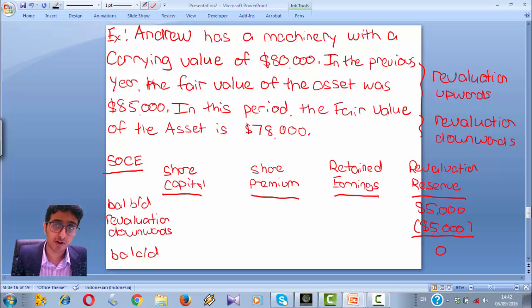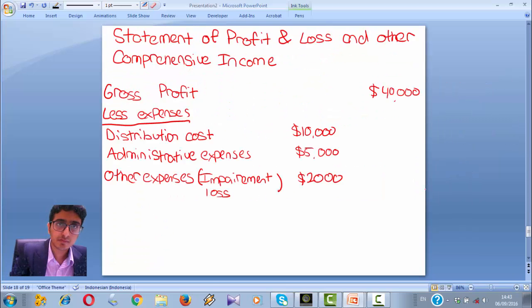So okay, we take $5,000 from there. Now our revaluation reserve is empty. But the value of our asset went down by $7,000. So what are we going to do with the remaining $2,000? We are going to expense it off in the profit and loss. Yes, and other expenses as impairment loss, we are going to expense it off.